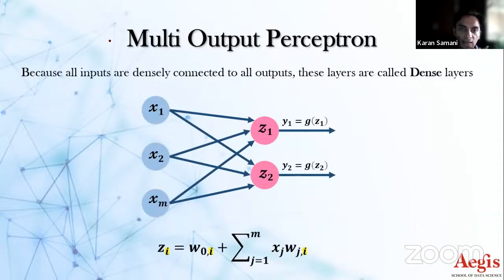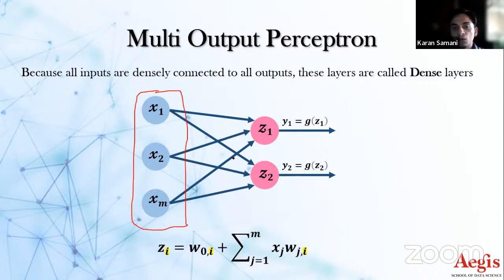If you see, this is a multi-output perceptron. Now, what is a multi-output perceptron? A single perceptron is now densely connected with each of the other outputs, so it forms a multi-output perceptron, wherein the variables from x1 till xm do not have a single output.